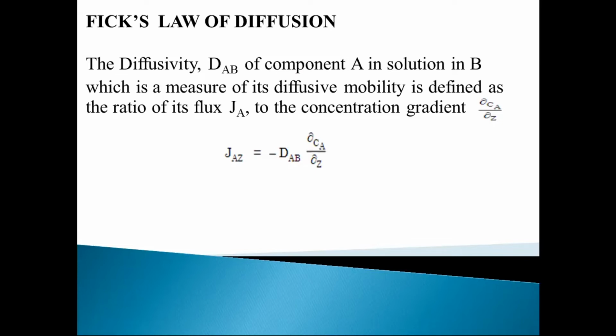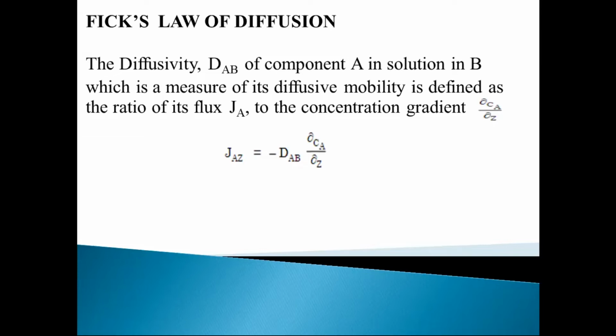The diffusivity DAB of component A in solution of A and B, which is a measure of its diffusive mobility, is defined as the ratio of its flux JA to the concentration gradient dCA by dZ.